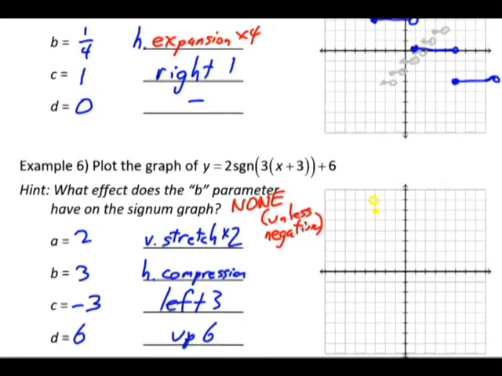And a normal Signum function is going to have this pattern. But when we apply the stretches, we have no flips. We're going to stretch it vertically by a factor of 2. And again, our horizontal compression doesn't do anything.